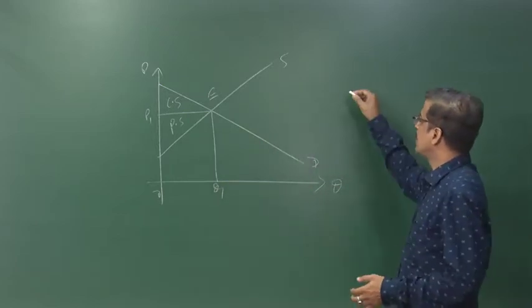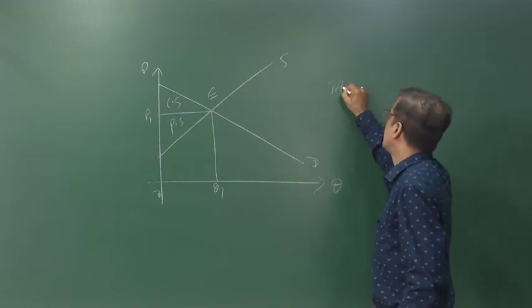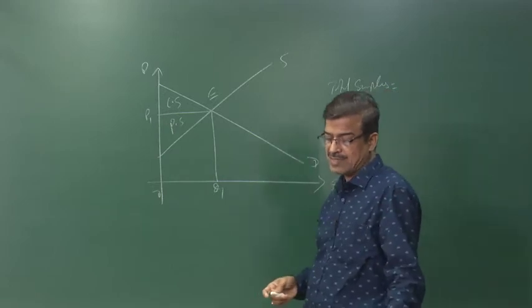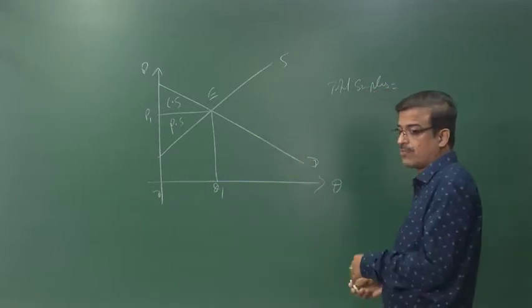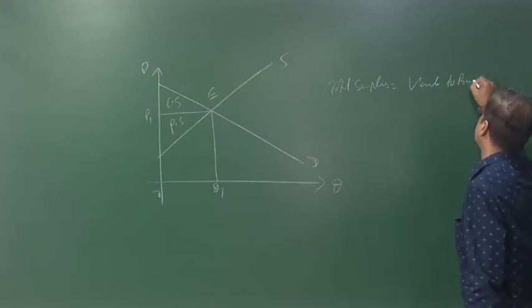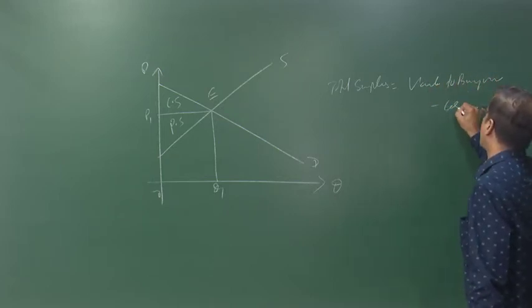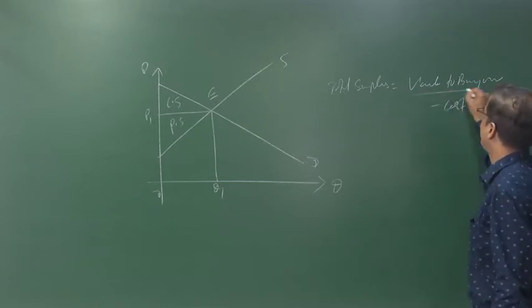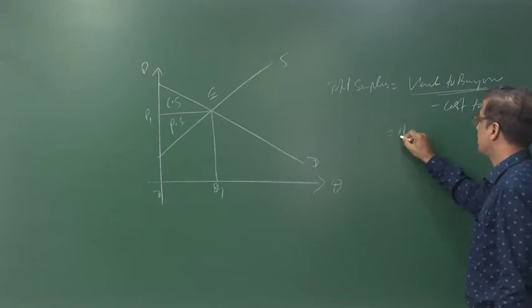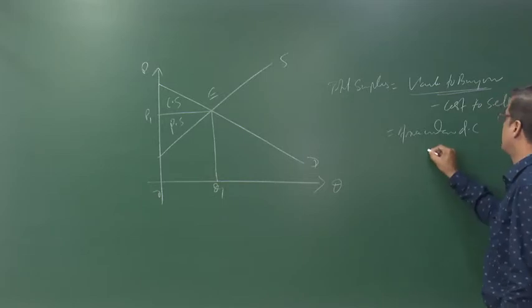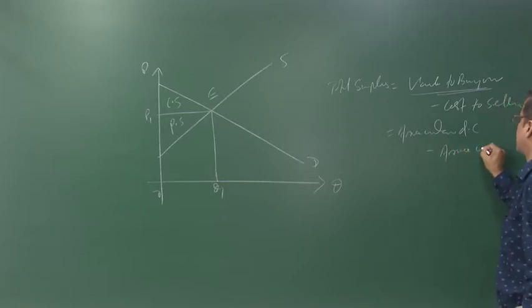And the total surplus can be calculated by taking the difference between two things: the value to the buyers and the cost to the sellers. The value to buyers means the area under the demand curve, and cost to the seller means the area under the supply curve.